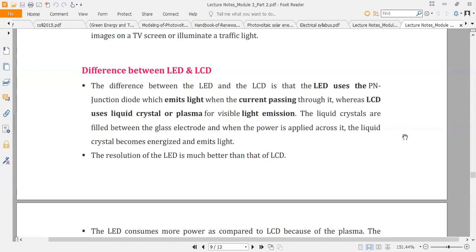LCD में हम लोग क्या करते हैं? ये जो liquid crystal होता है, that is filled between the glass electrode, and when the power is applied across this electrode, then this liquid crystal become energized and it emits light. Okay.